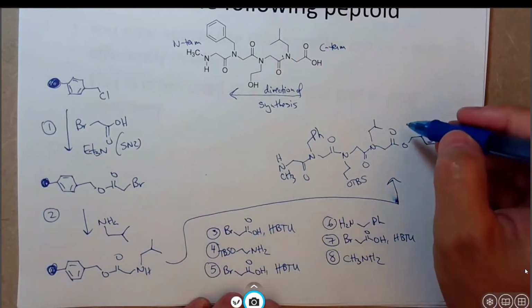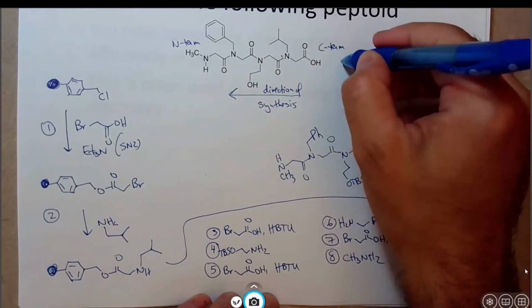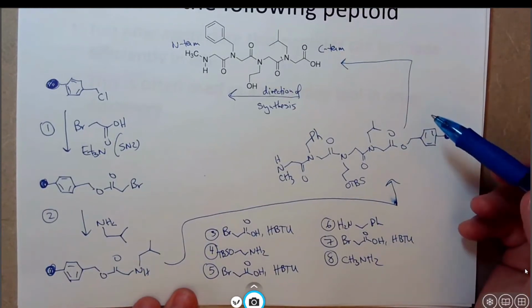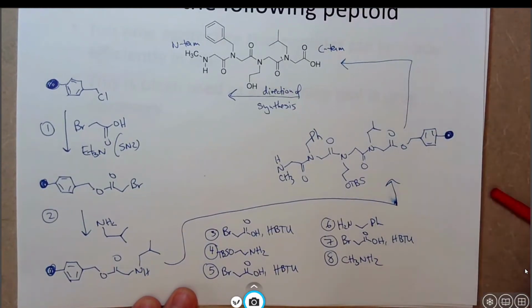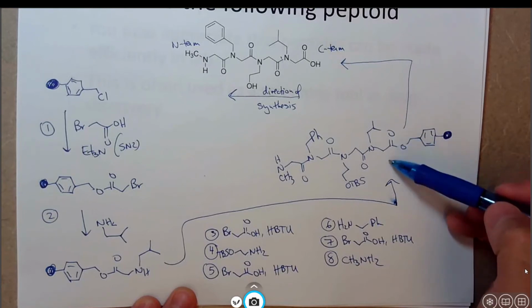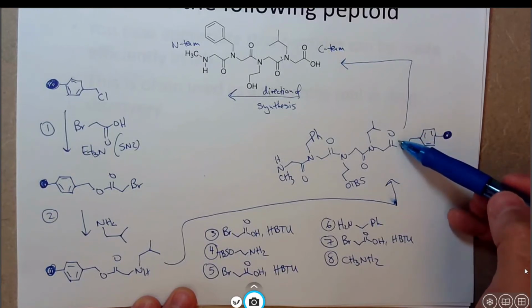And the last thing we need to do now is remove this from the Merrifield resin. One of the best ways to do that, like we learned with Merrifield resin, not rink amide, but Merrifield resin, is to use hydrofluoric acid. Okay, that will cleave off this ester bond here.